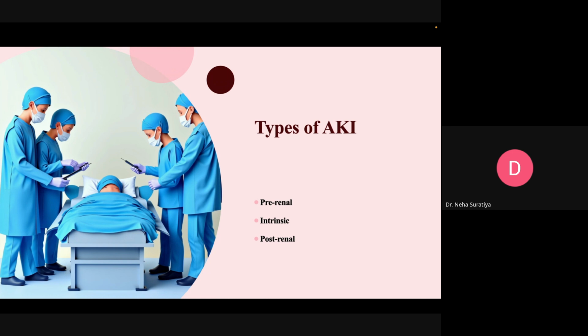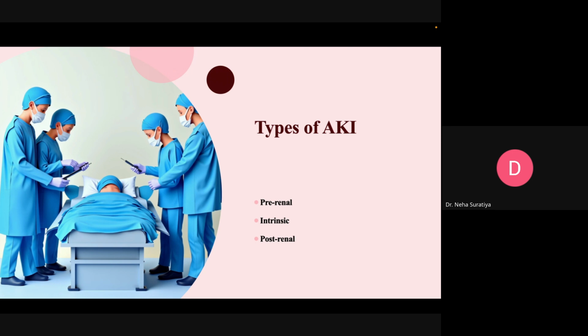Now, what do you mean by pre-renal? Pre-renal means reduced blood flow. The reason we discussed earlier, in severe cases of vomiting, for example. So pre-renal can be due to dehydration or heart failure, right? Intrinsic AKI can have damage to the kidney tissue. Intrinsic AKI means damage to the whole kidney tissues internally, right?